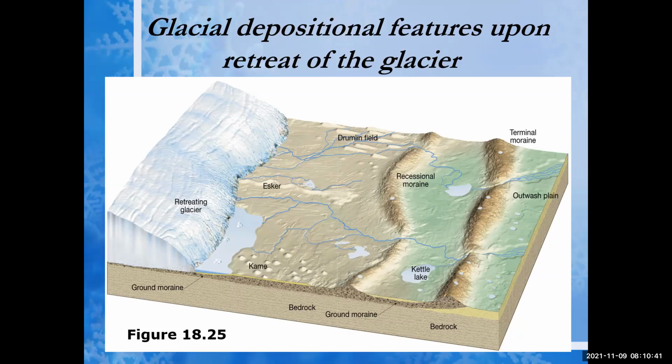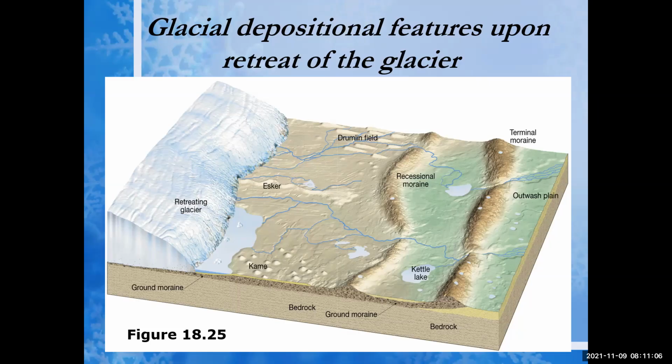You can do that several times. But each of those times, it's going to generate a new moraine. That new moraine that is further or closer to the source, the zone of accumulation for the glacier, we would call a recessional moraine.